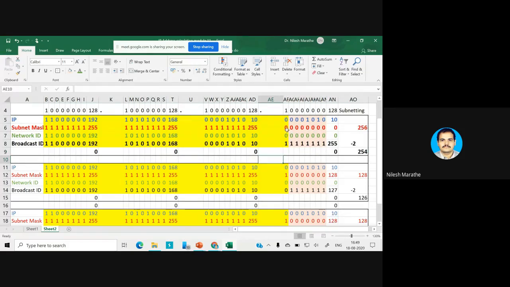So what I can do, so you should be able to understand that whenever it is in powers of 2, every bit is a half of the previous bit. बराबर है ना? 128, 64, 32, 16, 8, 4, 2, 1, half है? Yes or no? Yes, sir. So if I remove one bit from the host, it will cut down to half.